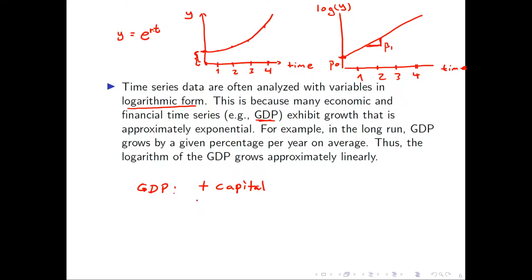And another factor behind GDP growth is increased productivity. And this means that every single person, or on average, every person in the economy, produces more value per hour they work.